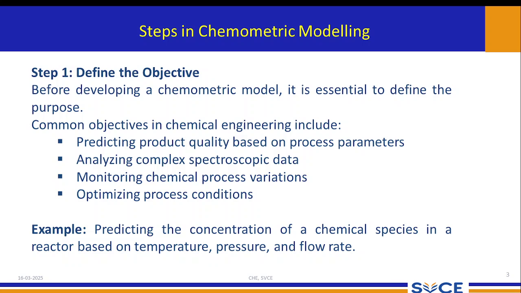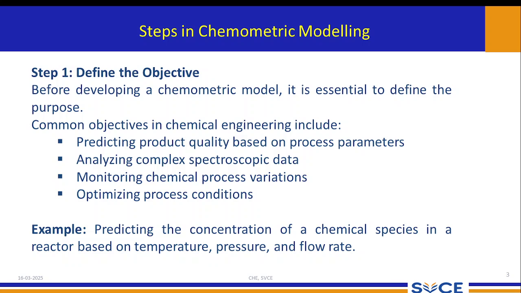For example, in XRD, X-ray diffraction, a sharp peak represents the crystallinity, and it also tells about the structure of the component and how the atoms are arranged. That can be visualized. So analyzing complex spectroscopic data is one of the objectives for chemical engineers.